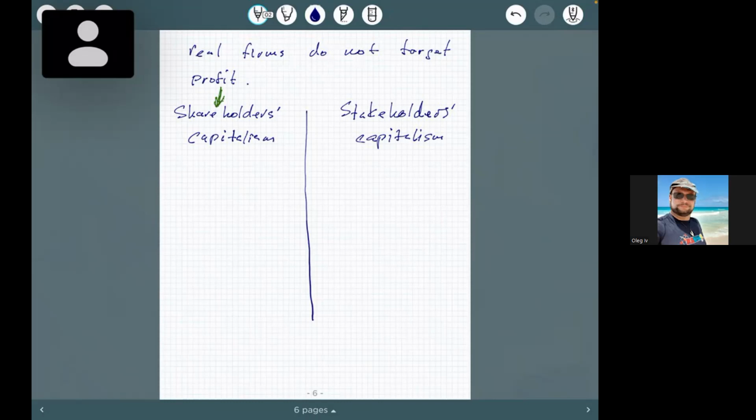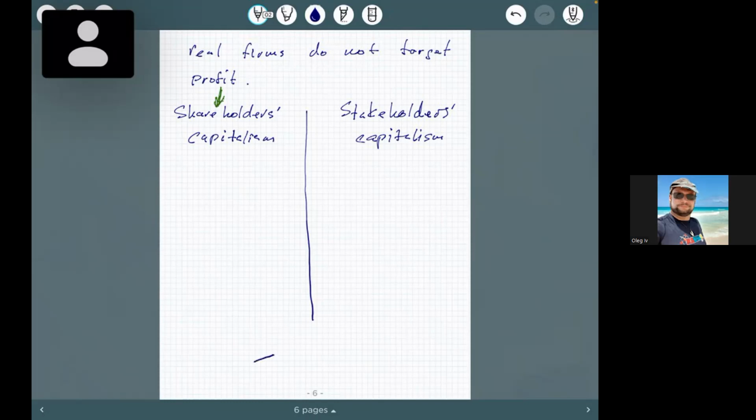So that's a trick that, you know, is for another course, basically, that debate. What you need to know is that while economists like to think of profit, reality is a bit different, but reality is also very interesting. We have shareholders capitalism and stakeholders.